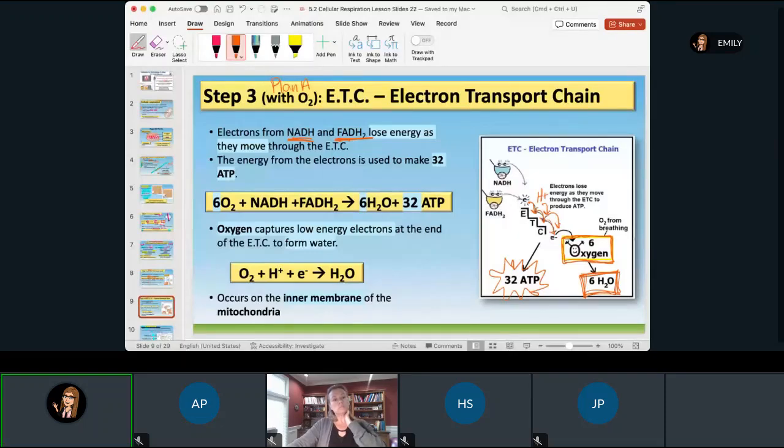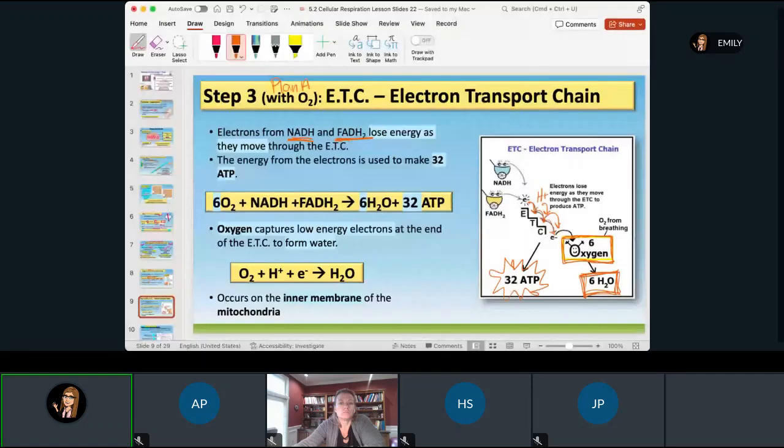I got this. I'm the professional. And it gets out 32 ATPs. Okay? That's a lot of energy. What this is demonstrating over here to the side, yes, the electron transport chain is the overachiever. But we like the overachiever because that's what gives us the most energy.